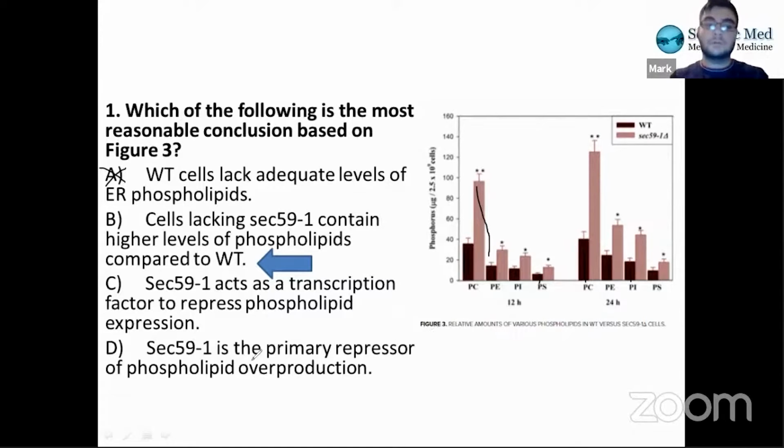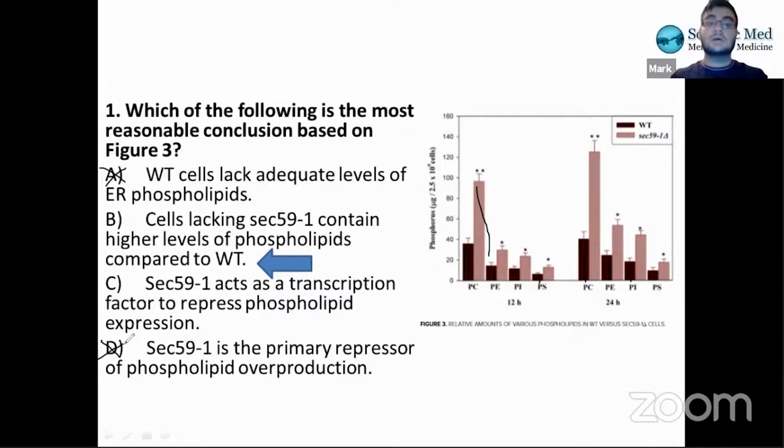But for both of these, it's a plausible explanation, but you don't know that. That's one possible answer, and you have to do way more testing to find out. Again, it's the primary repressor of phospholipid overproduction. Well, how do you know there's not others? How do you know it even is a repressor of phospholipid overproduction? You don't know enough information to say it's D.